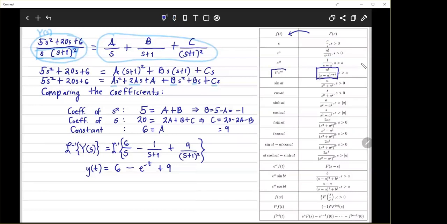The inverse Laplace is t raised to n e raised to at. Our n here is 1 and our a is negative 1. So, ang inverse Laplace ng 1 over s plus 1 quantity squared is t raised to 1 e raised to negative 1t or negative t. Yeah. So, ito na ngayon yung solution dun sa ating initial value problem.